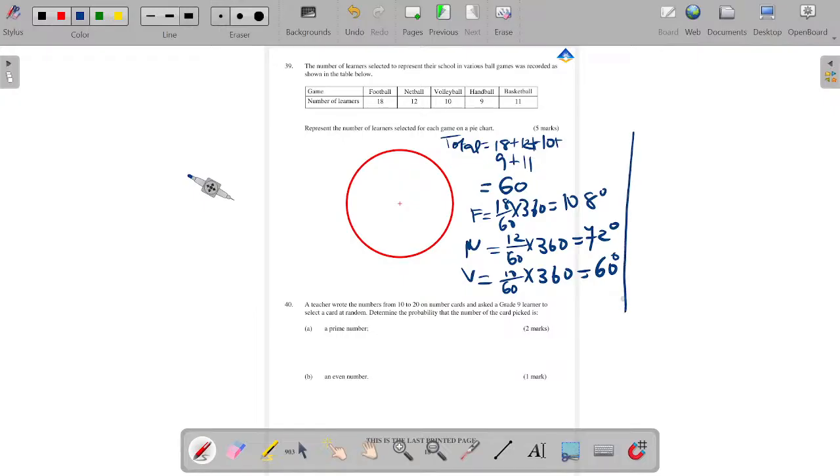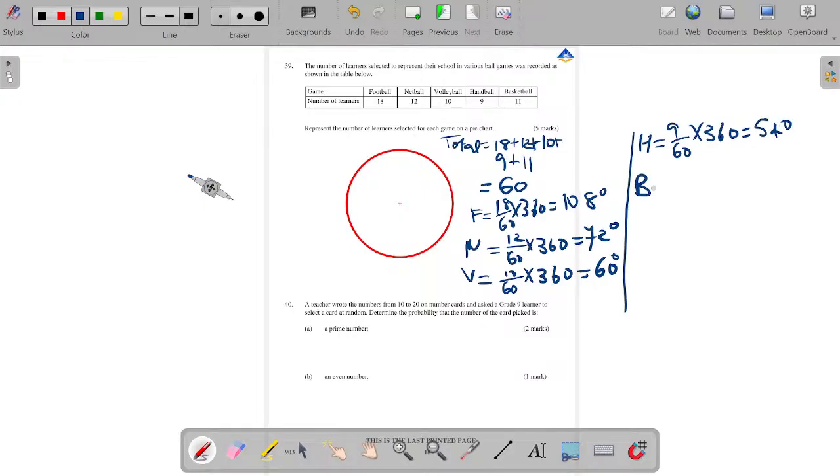I can get the expression for handball. Handball is 9 out of 60 times 360, that is 54 degrees.